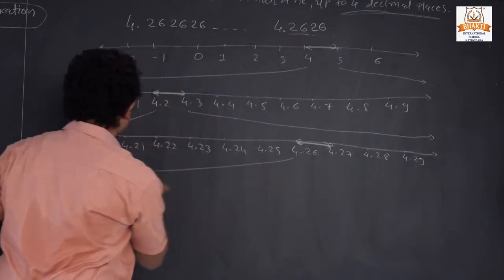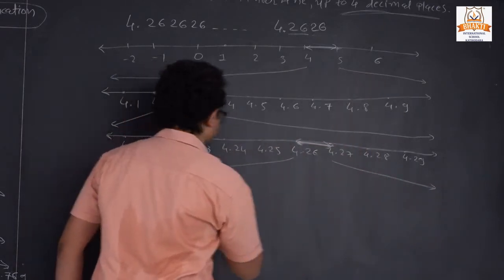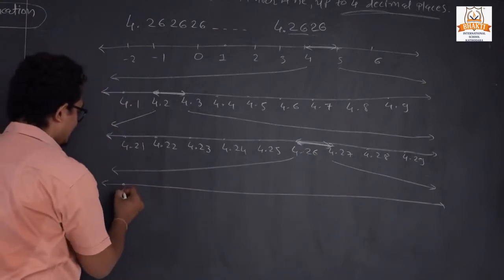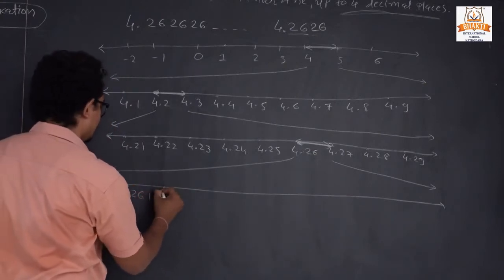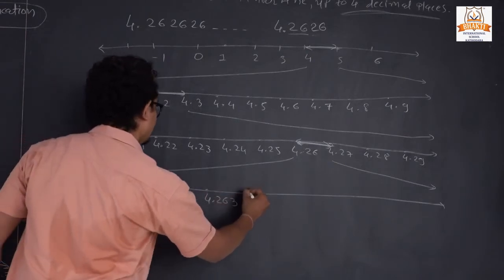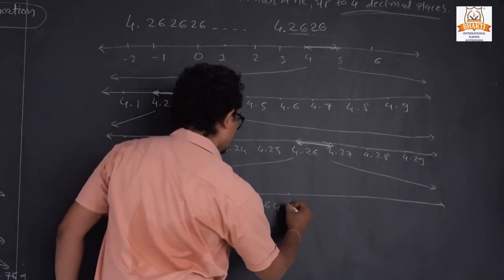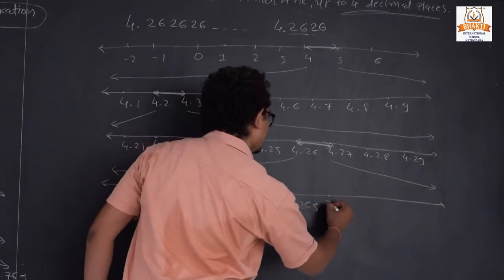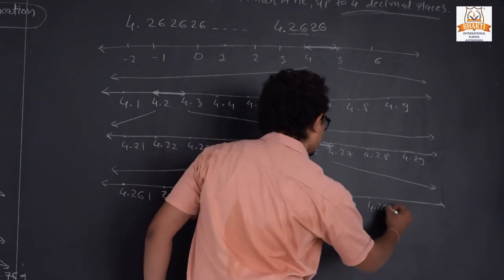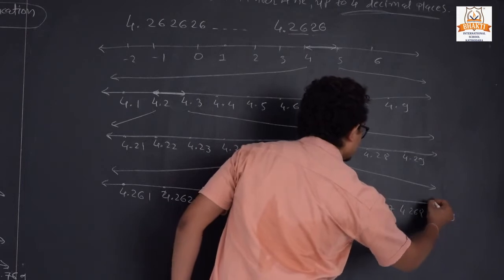Once again we visualize. Here we start from 4.261, then 4.265, then 4.266, then 4.267, 4.268 and 4.269.